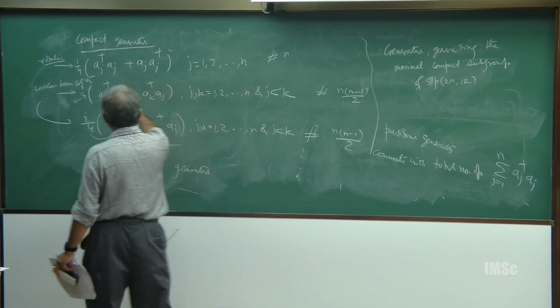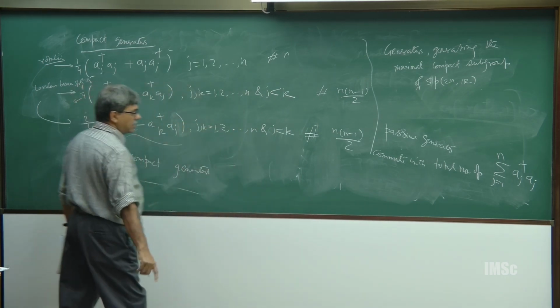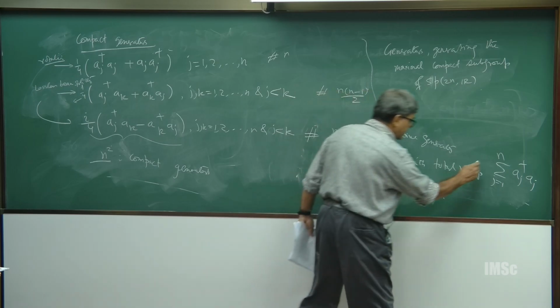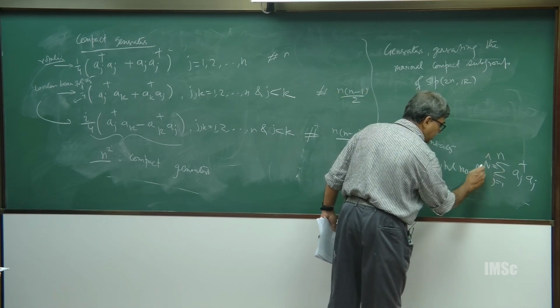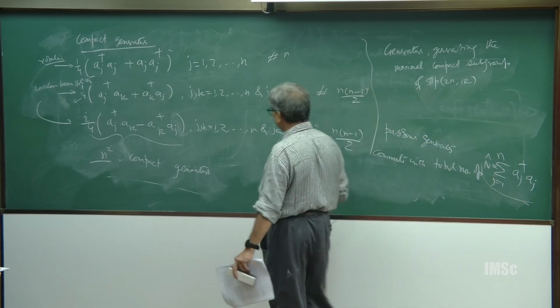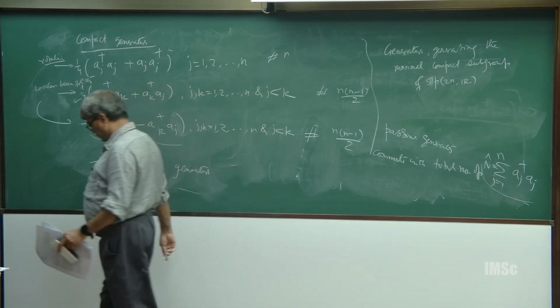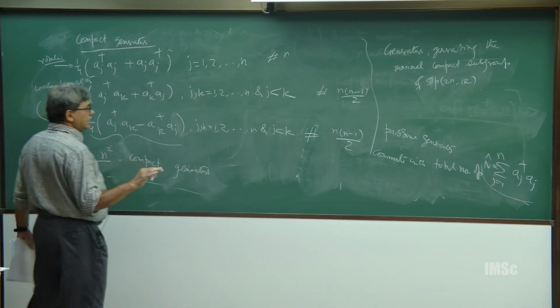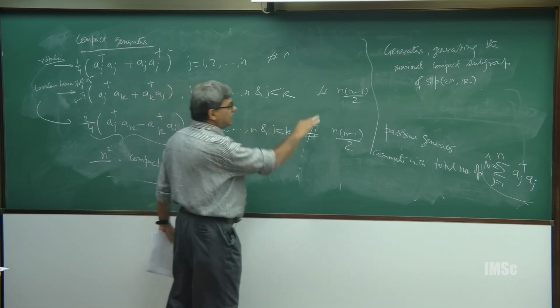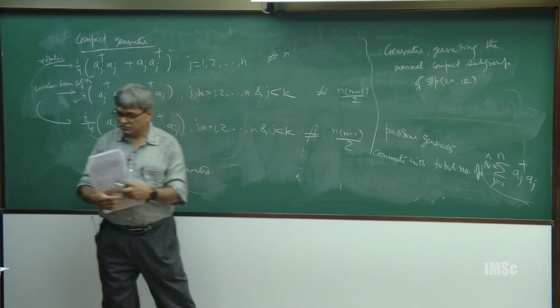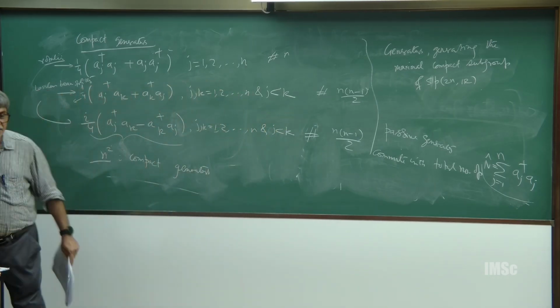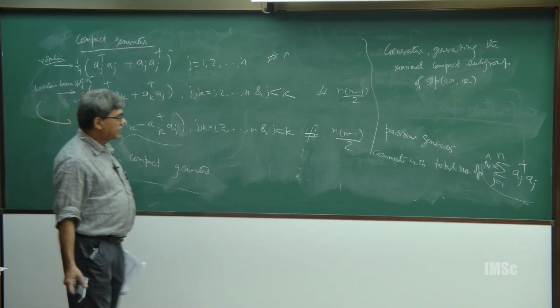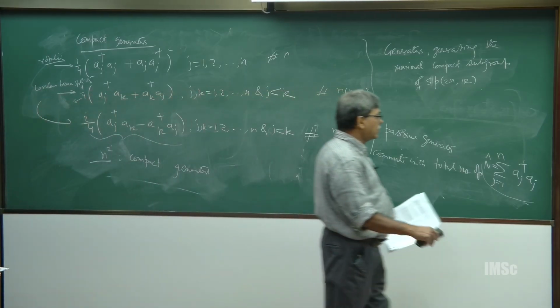If you take any one of them and commute it with this n, the total number operator, you can see that all of them will commute with n. Therefore, this gives rise to passive transformations, energy preserving transformations.